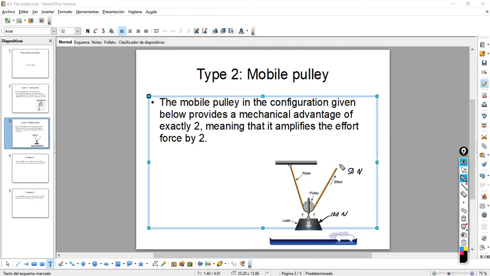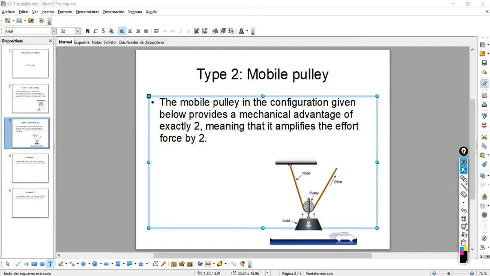Because this configuration amplifies the effort force by 2, and therefore you're going to be able to raise this load of 100 newtons. And it's always that way. This configuration of pulley in this precise way offers a mechanical advantage of 2. Always, no exceptions. So those are the only types of pulleys we're going to take a look at, guys.